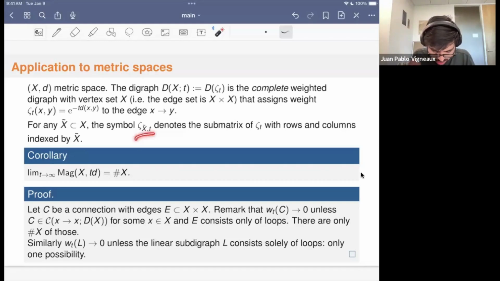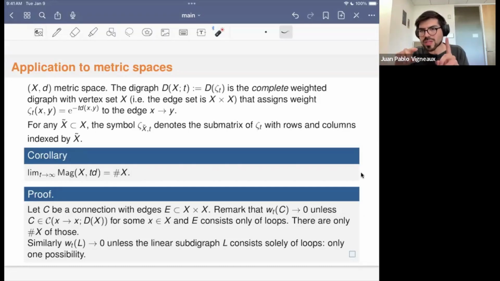Now, this is going to be useful just in one or two slides. You can also prove that, for example, the limit when t goes to infinity of the magnitude is the cardinality. I won't go through the proof, but basically in the limit, the only connections that survive, taking the limiting procedure in terms of the weights all going to zero, are those with a linear subgraph made just of self loops.